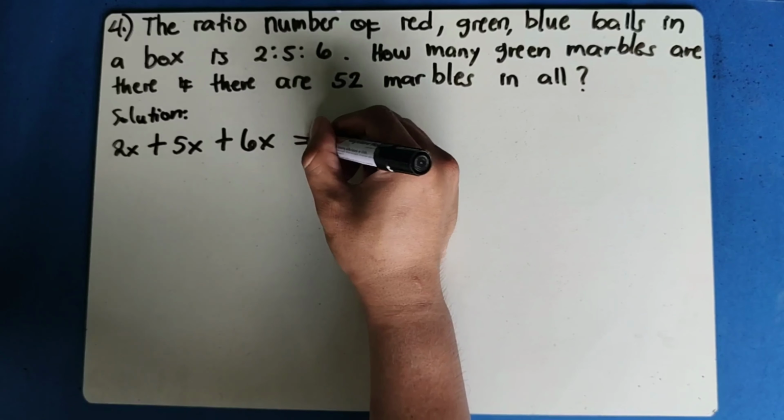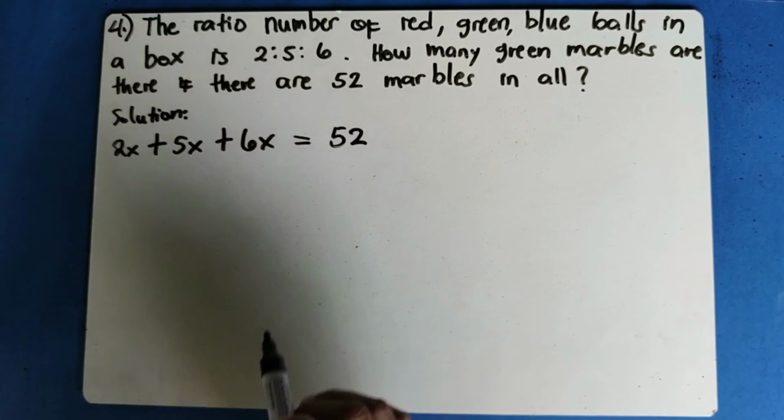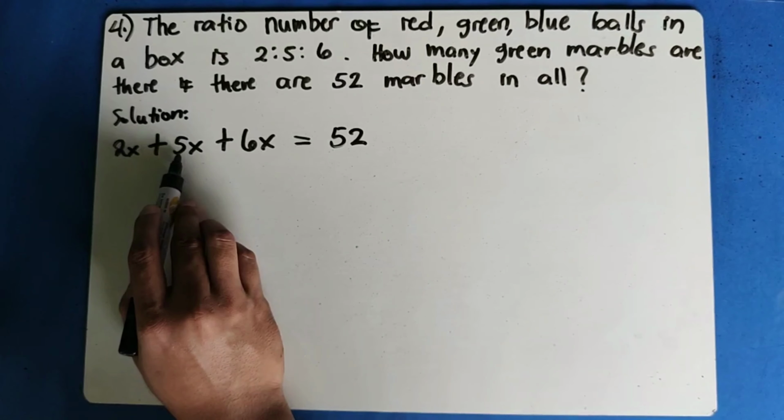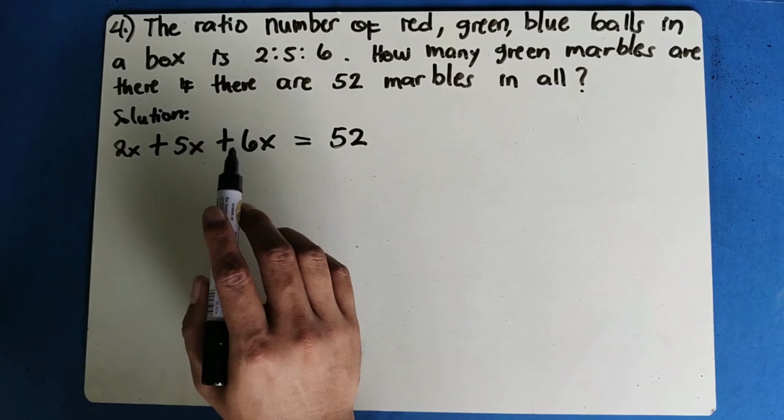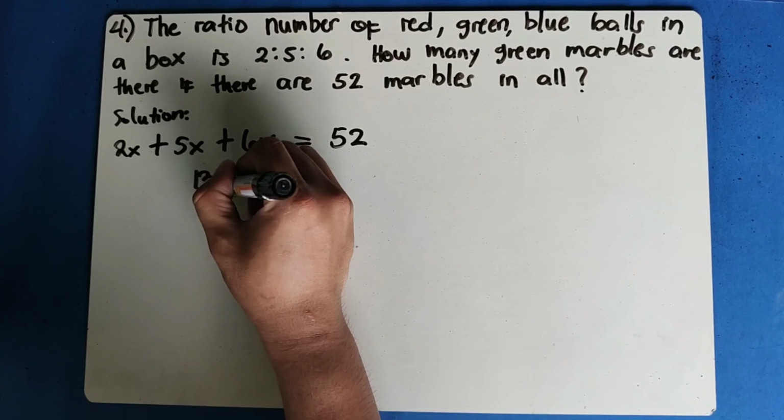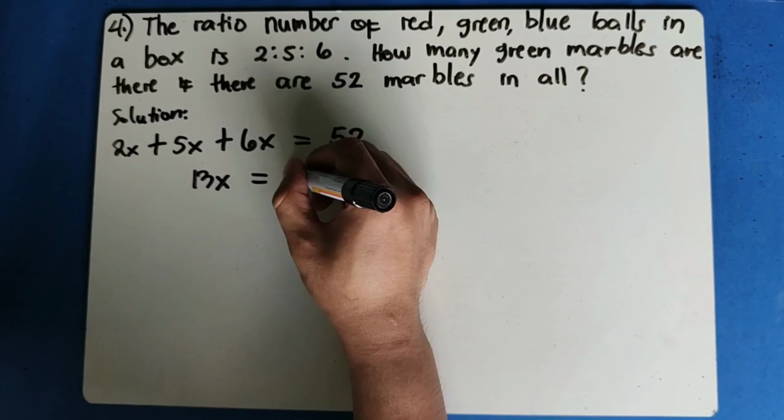Then, how many balls in all? We have 52 balls in all. So, anong gawin natin? I-add natin 2x plus 5x plus 6x. Okay. So, there are 52 marbles. So, 2x plus 5x is 7x plus 6x. The result is 13x is equal to 52.